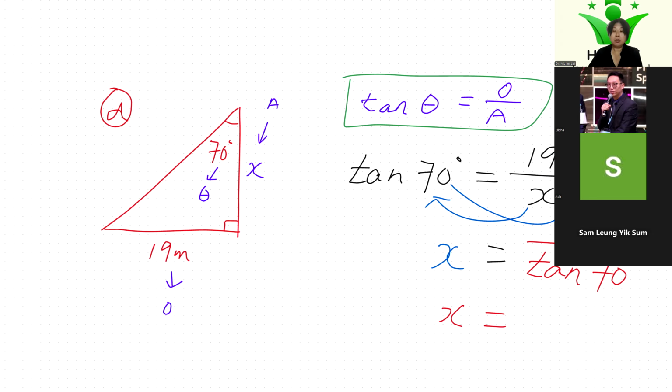Okay, so press your calculator. You have 6.9. Put back the unit meter and then mark your final answer. And now you solve for the x. Copy the question. If you have anything you don't understand, please feel free to ask until you get it.